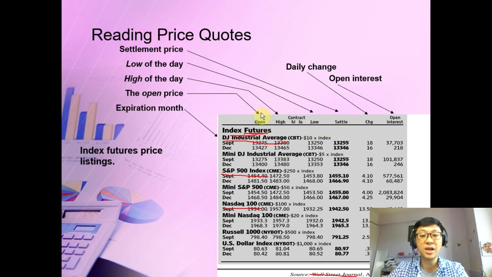You have the opening price, which is the price when the market opens, usually 9 a.m. Singapore time, so that's for the Singapore Stock Exchange, and what's the highest. So there are a couple of items just for you to take note of.